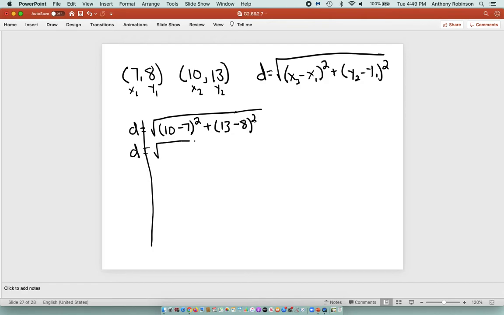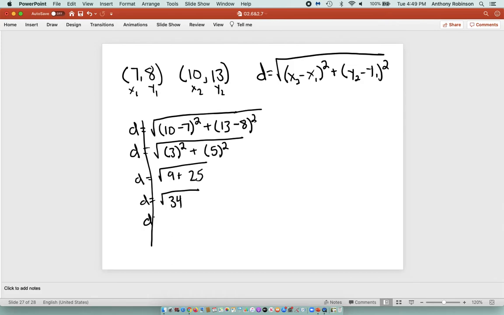We're going to do everything underneath the radical sign before we find the square root of that value. 10 minus 7 is 3, so I have 3 squared plus 5 squared, since 13 minus 8 is 5. 3 squared is 9. 5 squared is 25. Add those, find the sum of 9 and 25, and we have 34.